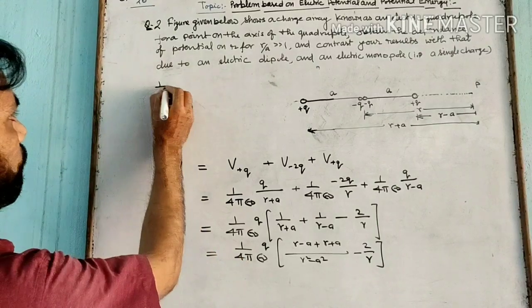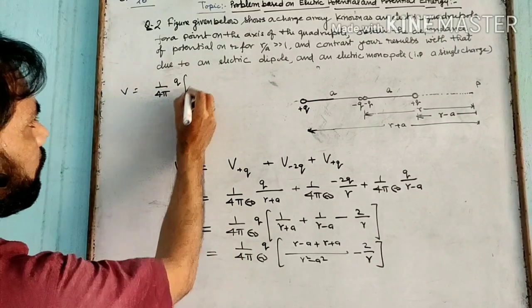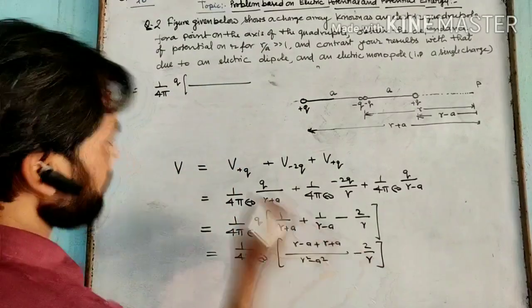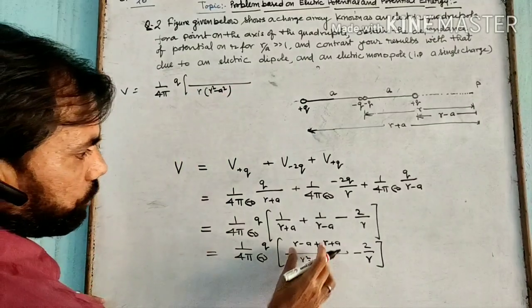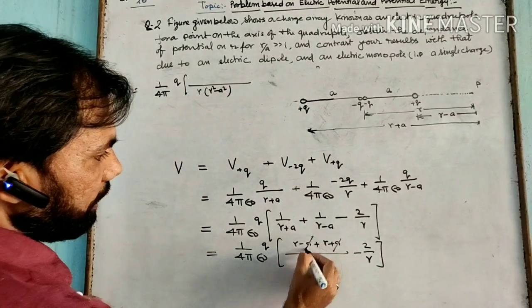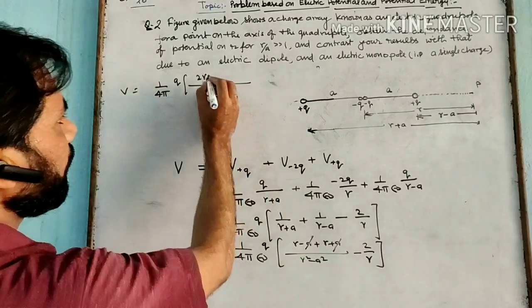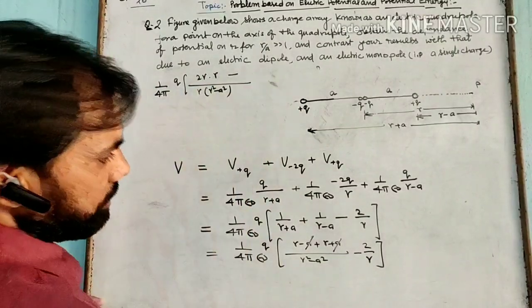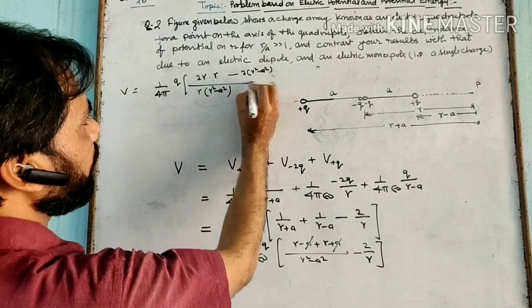1 upon 4 pi epsilon 0 V net is equal to q upon, take LCM of this and this, r into r square minus a square. So we have a cancelled here, and 2r into r minus 2 times r square minus a square.